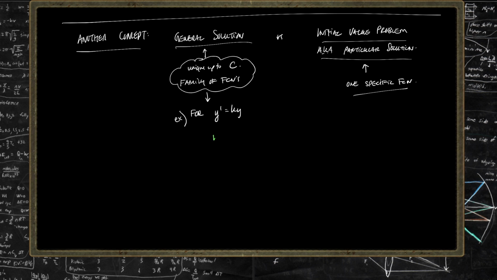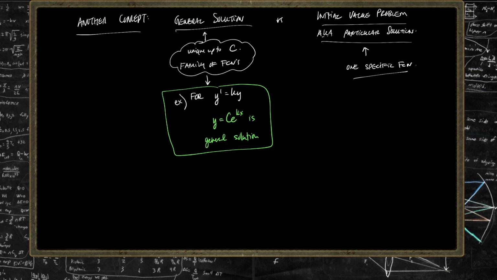We know the solution y equals c e to the kx is the general solution. That's the case because for any value of c, this will work. We'll verify solutions in a bit. I'll show you how to do that. It's not that difficult. But for an initial value problem, we're given a value pair that will pin it in place.